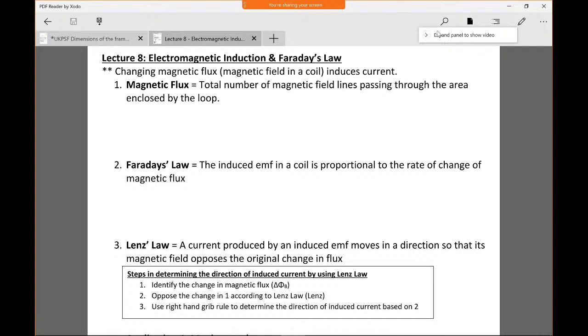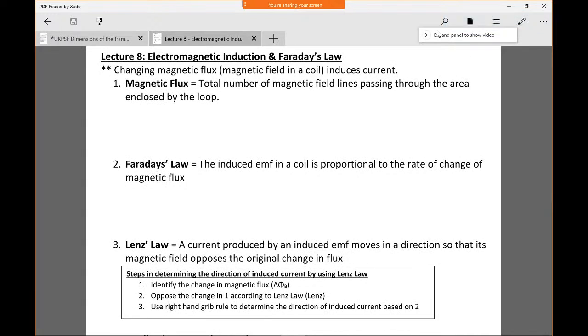Are you ready with the two files open? Summary notes and the worksheets. Okay, so let's go through the summary.